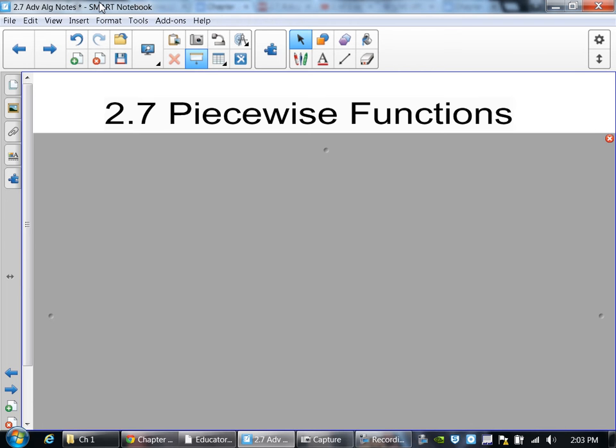Domain and range. When you're talking about domain and range, what are the values of your domain? All real numbers. It could be, or it could not be. What comes first in the alphabet, domain or range? Domain. So will the domain correspond to your x values or your y values?